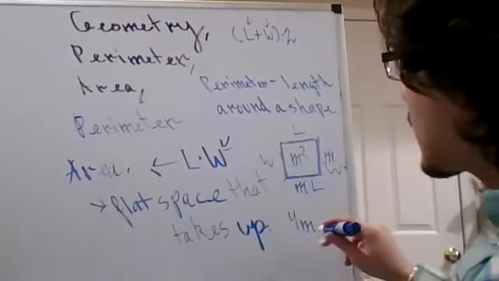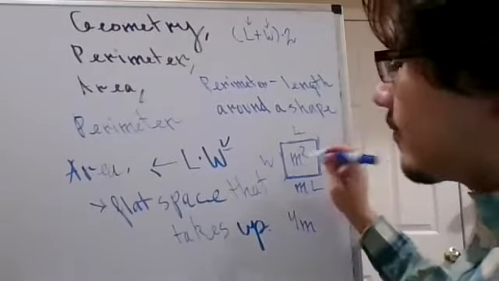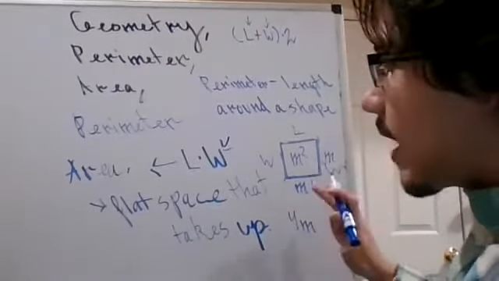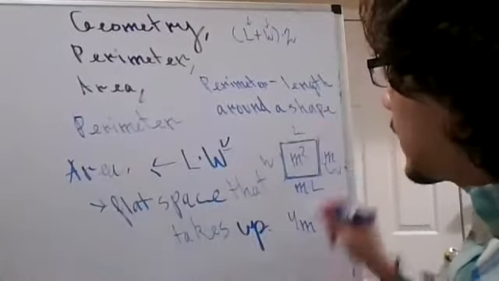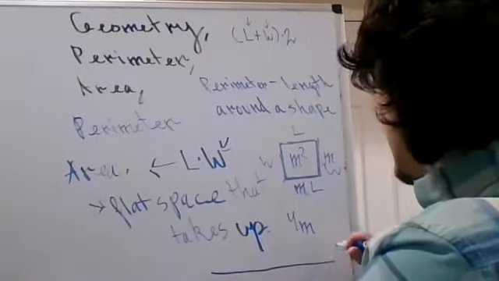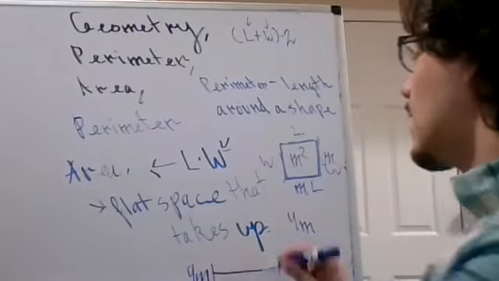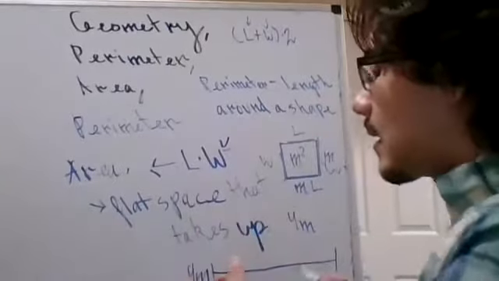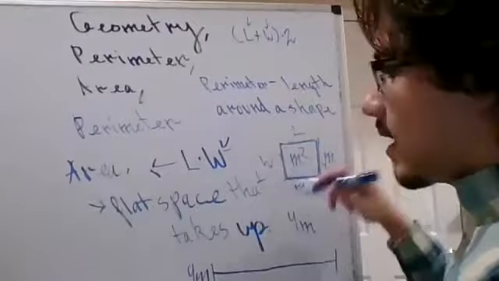I want you to notice that 4 meters is different from how we write the area of meter squared, because meter by itself describes a length as opposed to an area, as we wrote in meters squared. So since this describes a length of, let's say, this line of 4 meters, this line is long enough that if you bend it, it perfectly forms the outside of this square.